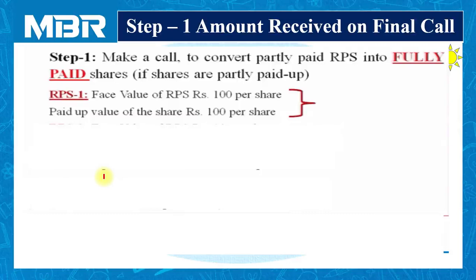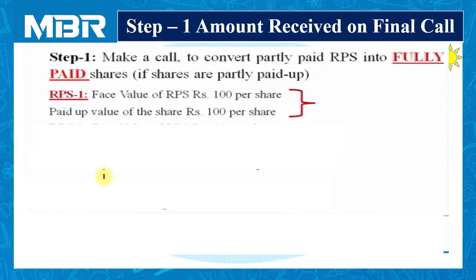For the purpose of easy identification, I have given a number to both types of preference shares, that is RPS 1 and RPS 2. You may identify both categories of RPS with RPS A and RPS B, RPS X and RPS Y. Choice is yours. Why?